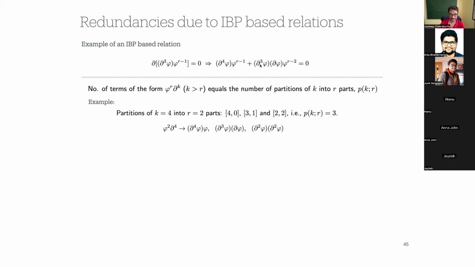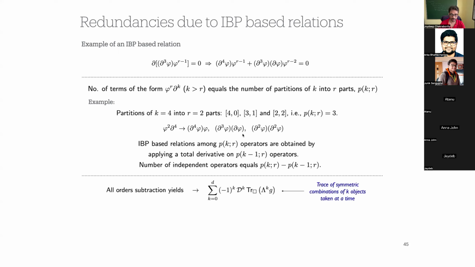But this tells you that you can have multiple times of IBP and you get different kinds of structures. For example, you start with phi^2 del 4, you can write down del 4 phi, and then del cube phi and those things. So in this way, you can construct all possible structures which shuffle the position of the del.